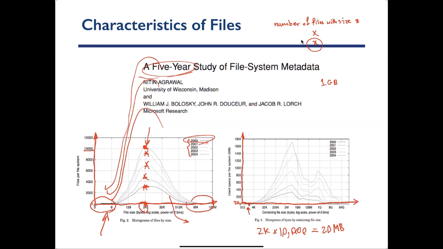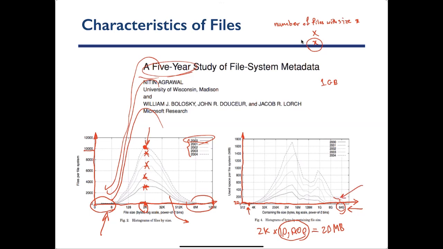Now, if you have a single 64 gigabyte file, then it's going to consume 64 gigabytes of memory, just that single file. That single file is going to consume more space than these 10,000 files. Now, as you can see, it's not anywhere here.